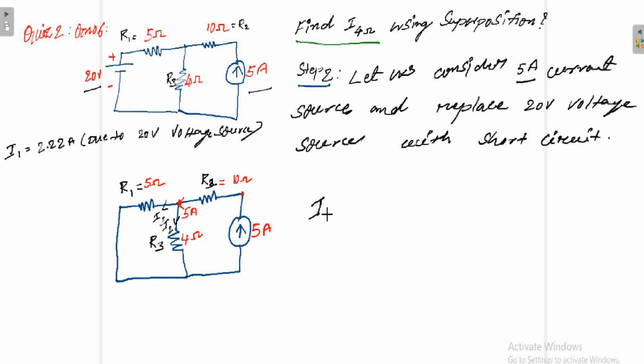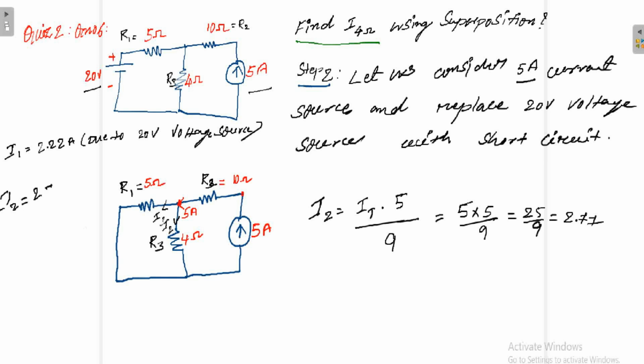So I2 is equal to total current times the opposite resistance over total resistance, 5 by 5 plus 4, that is 9. The total current is 5 amperes, and 5 by 9 gives 25 by 9. Here you will get 2.77. So here we got I2 equal to 2.77 amperes.